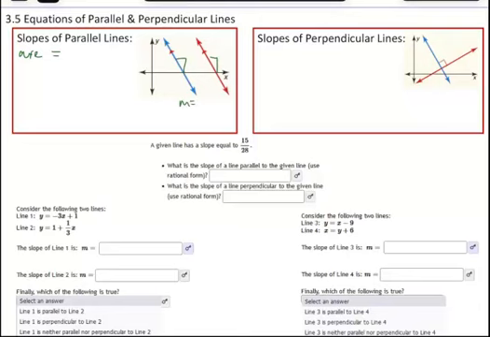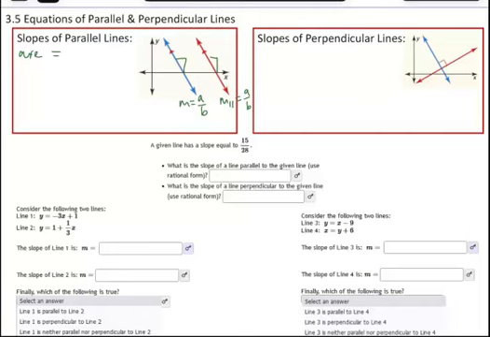Okay, so here, if we took this blue line and said that its slope was a over b, then that means a parallel line, the red one here, would also have that slope a over b. Notice how I labeled these. It's m with a subscript of the symbol for parallel. Okay, so that's what that represents there.